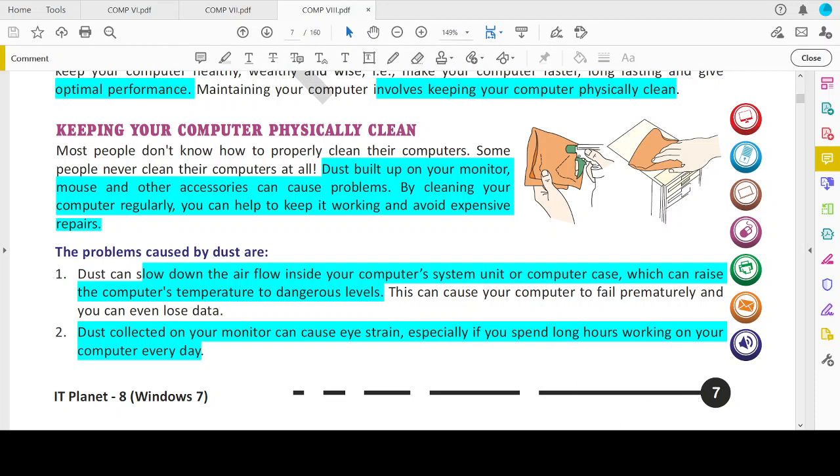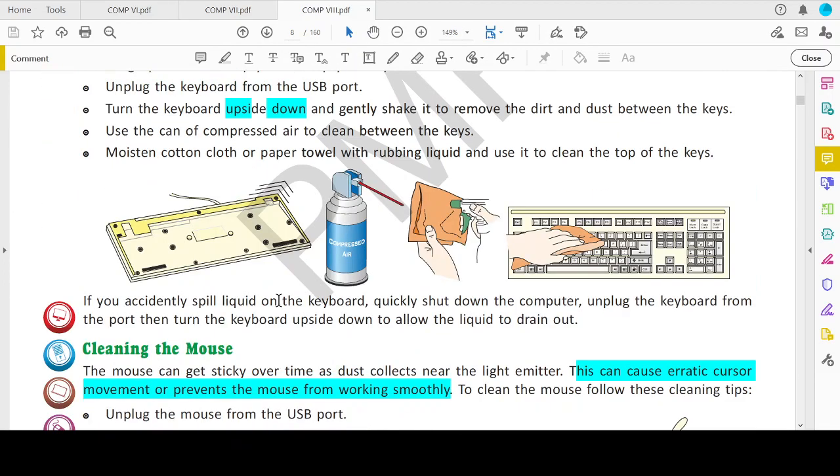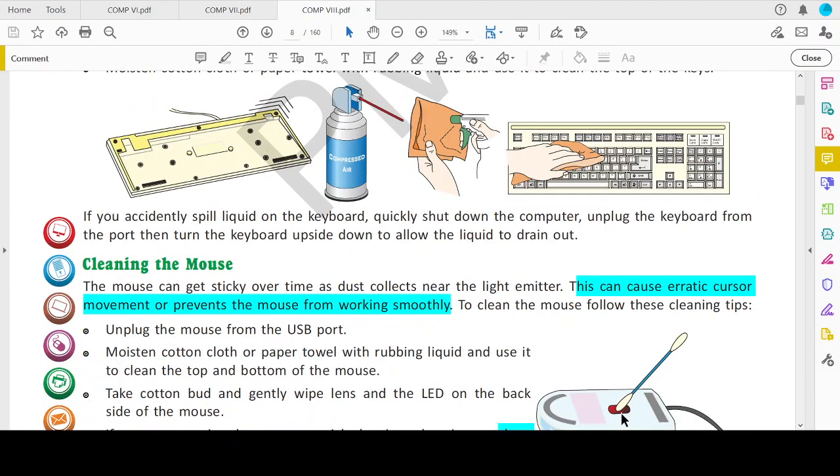What will happen to the mouse if dust gets accumulated? When dust accumulates on the light emitting surface of the mouse, it will cause erratic movement of the cursor.